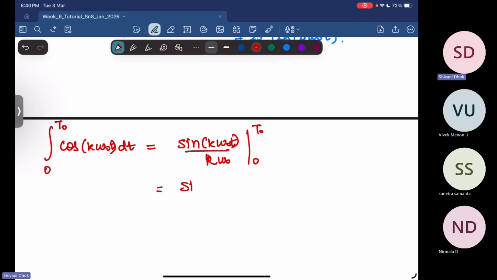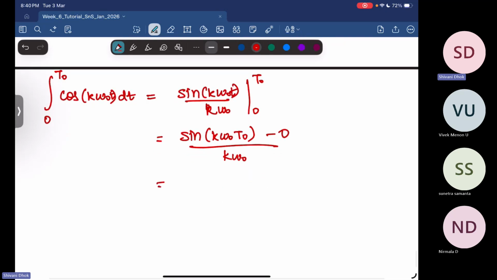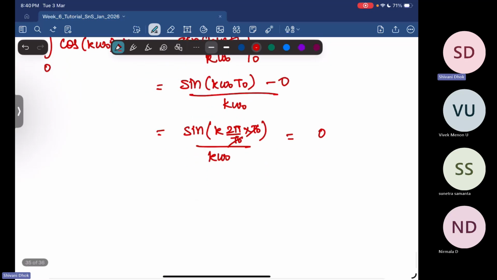So this is equal to sine of k omega naught T naught minus 0 upon k omega naught. So this becomes sine of k 2 pi by T naught into T naught by k omega naught. This gets cancelled, and sine of 2k pi is always equal to 0 for all integer values of k.